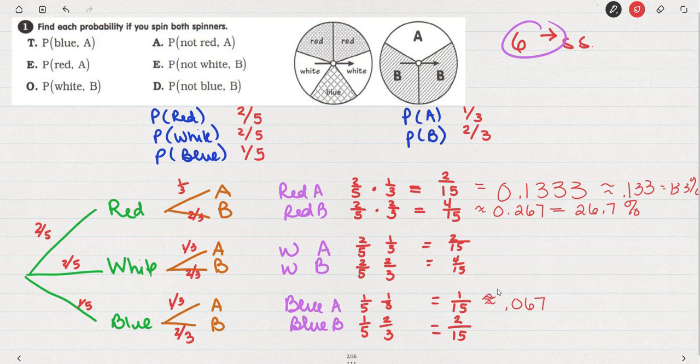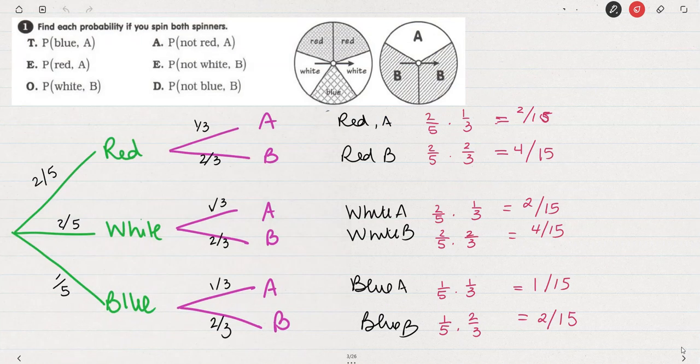It's approximately, not equal to, but approximately 0.067. And so I could make that a percent by multiplying by 100, 6.7%. So you should be able to finish these numbers and divide them to get the decimals and then the percents.